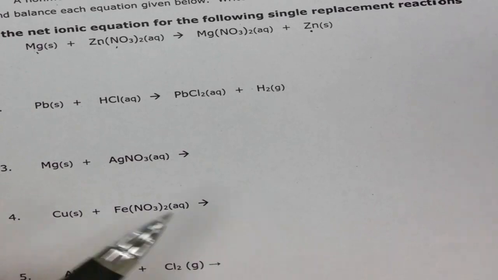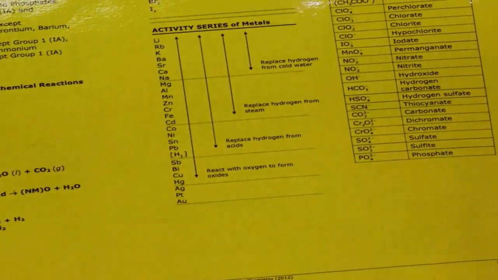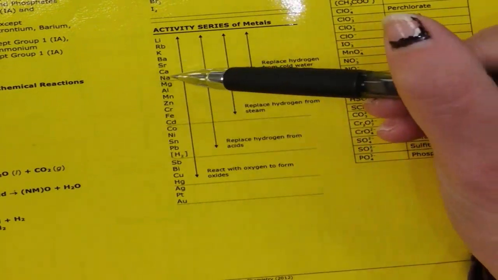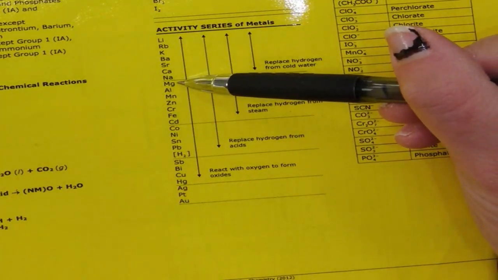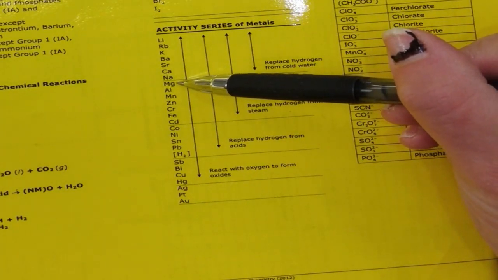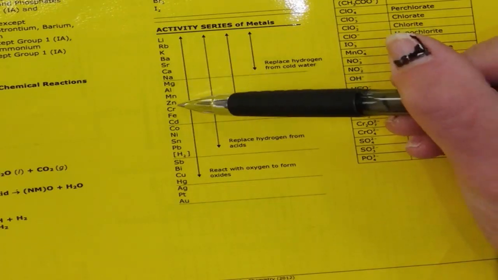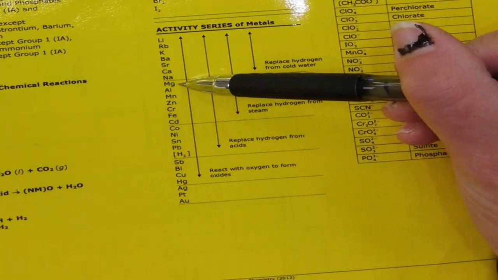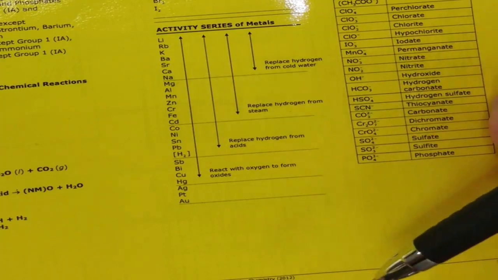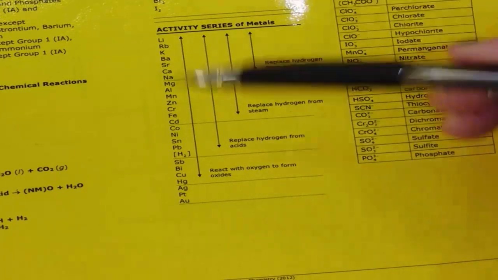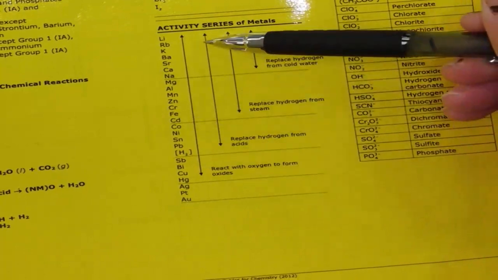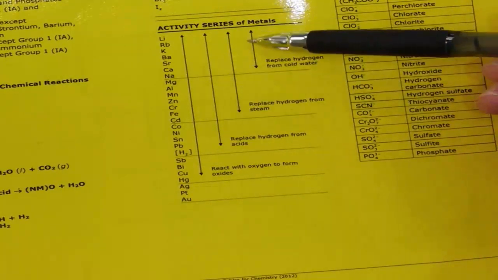Now let's see if this is actually going to happen, and that's where we come back to our activity series. On our activity series, here's magnesium, and then we're going to find zinc is right here. Magnesium is above zinc, so this reaction will work. Notice our arrows over here tell us some things.